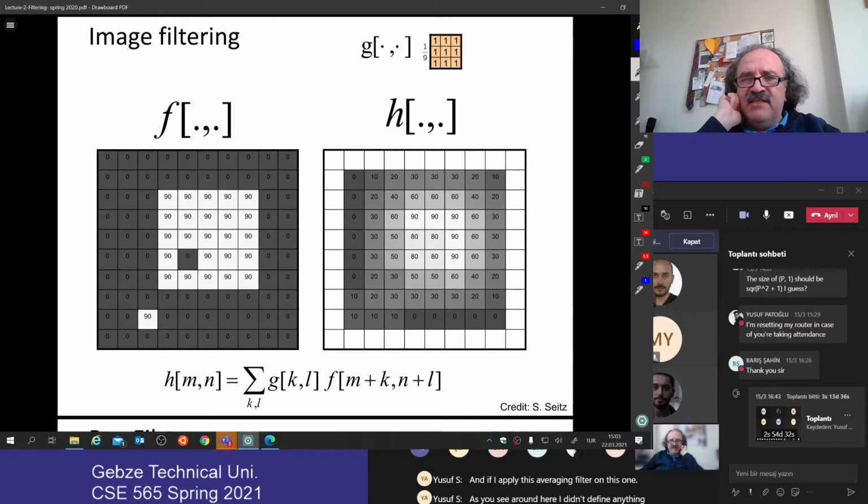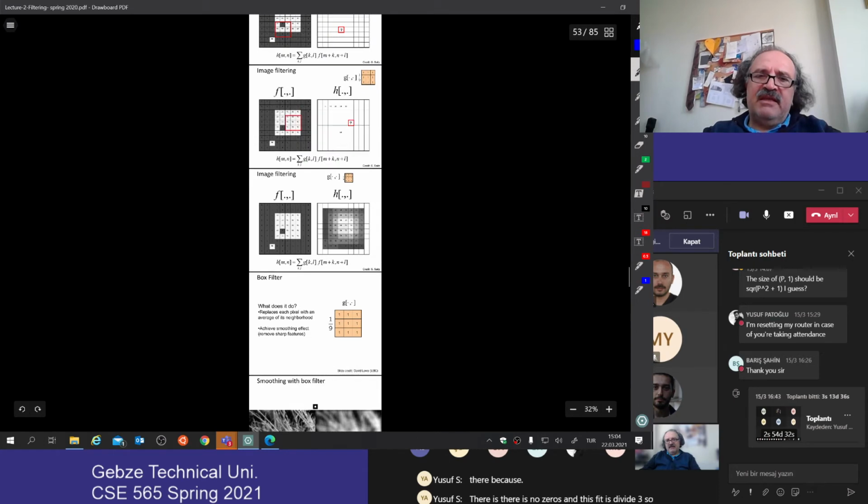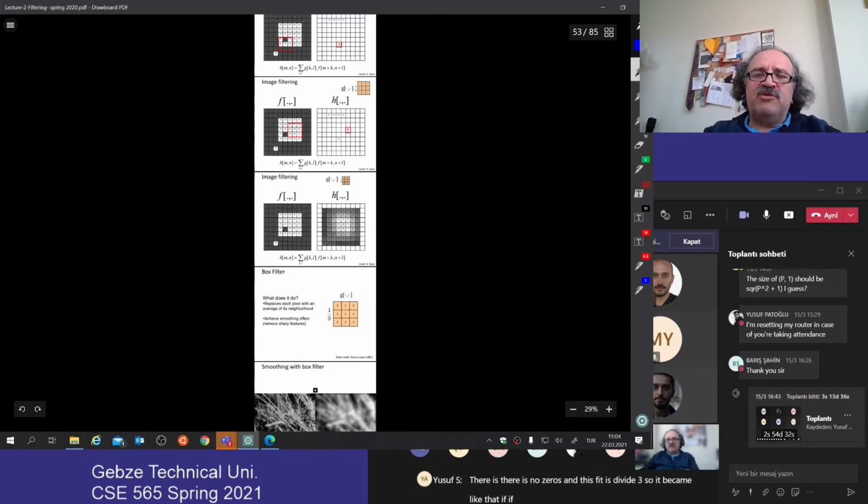I didn't fill any zeros in there. But you see the effect of this 90 around here. It just makes this slightly brighter. But the brightest parts are there because there are no zeros, and this filter is 3 by 3. So it became like that. If you look at this picture from a distance, it became like that.